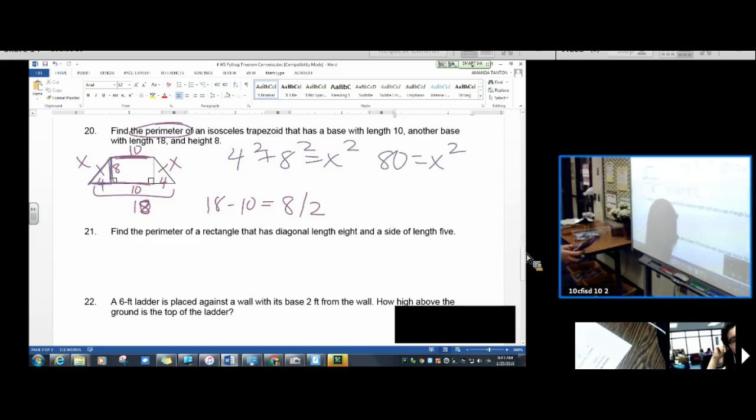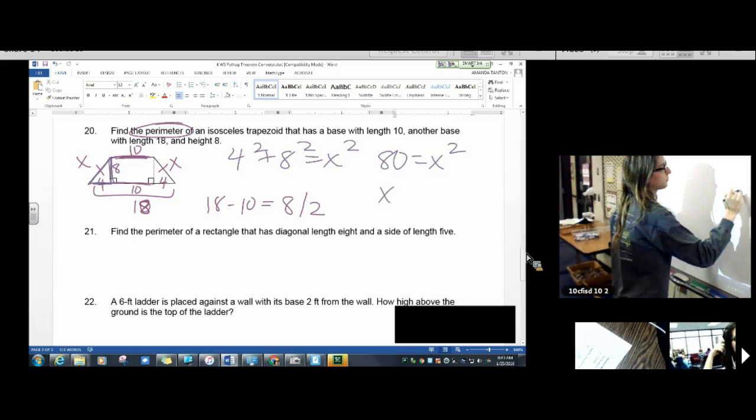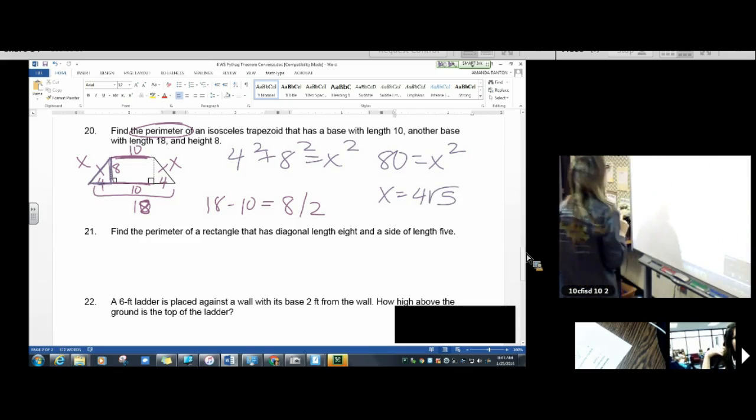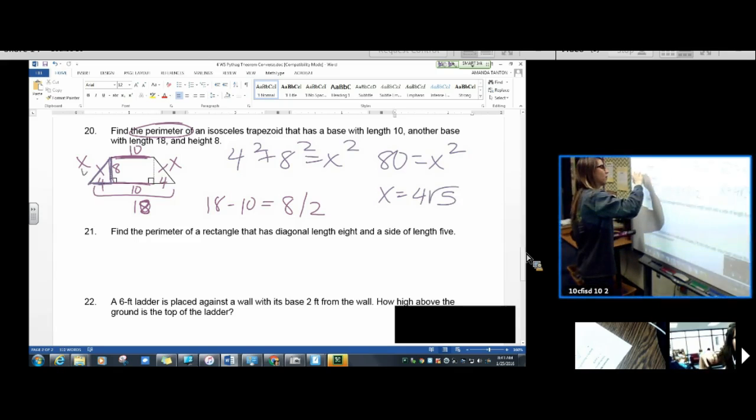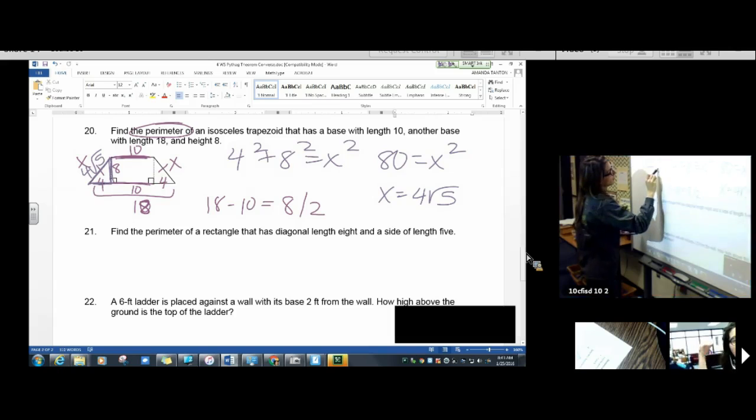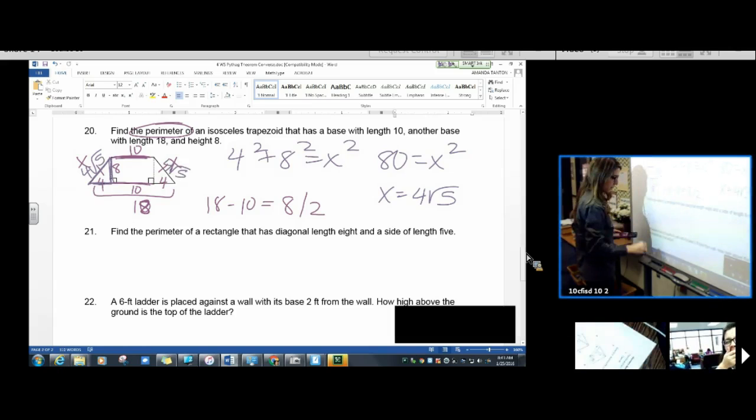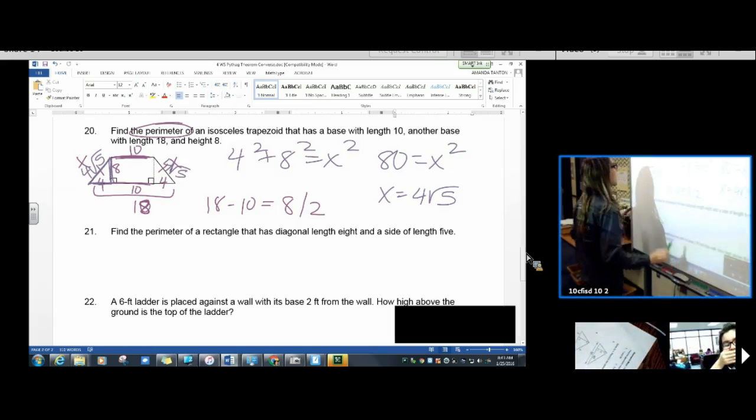So then I need to factor tree the 80. 4 root 5. Okay. So I know that this is 4 radical 5. So now I just need to add up all the sides.